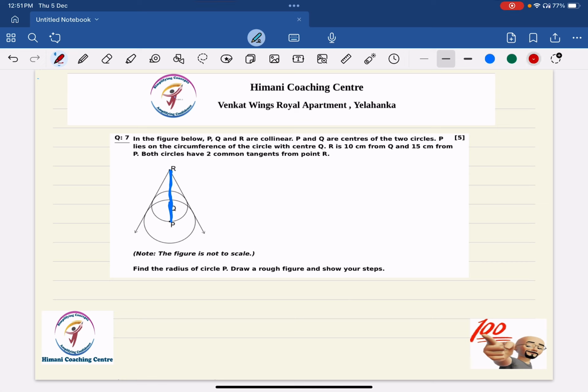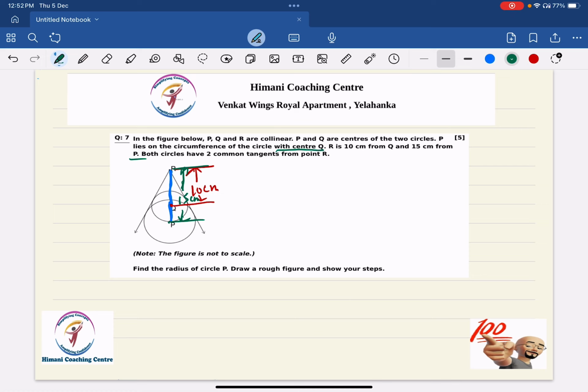We are told that R is 10 centimeter from Q. Now this is Q, so this distance is 10 centimeter. We are also told that the distance of R from P is 15 centimeter. So this distance from here to here is 15 centimeter. Can we now find the radius of the circle with center Q?